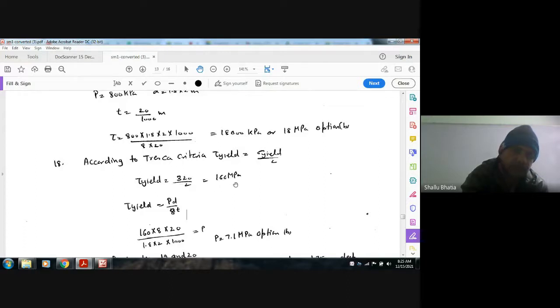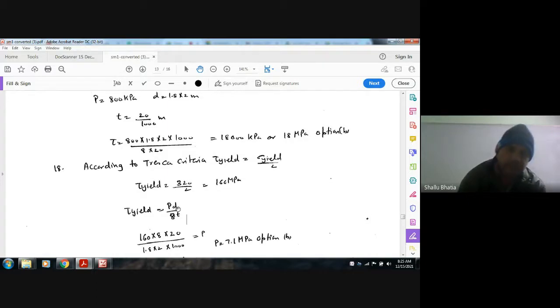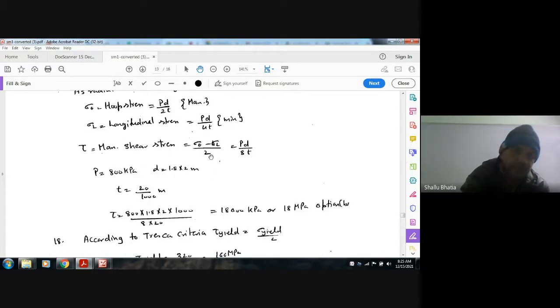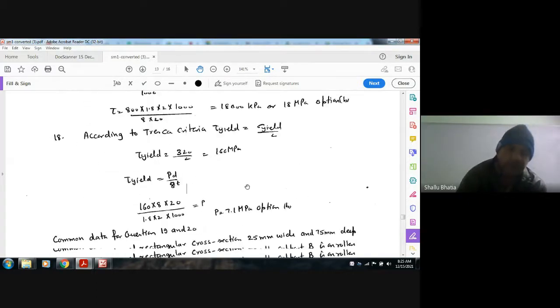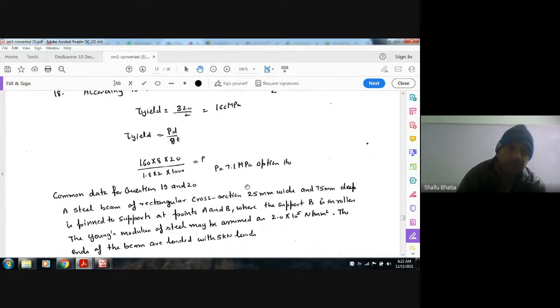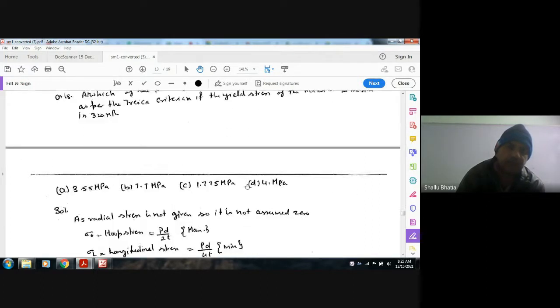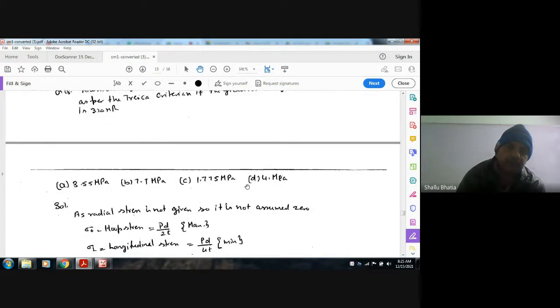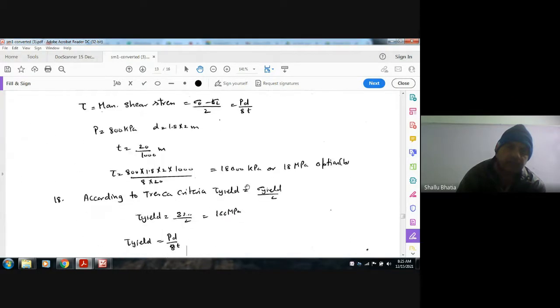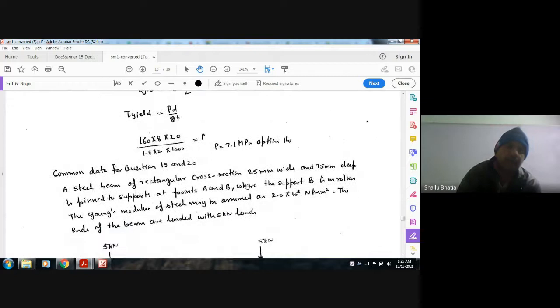It will be 160 MPa. Now the maximum shear stress is PD by 8t. So by putting this equal to 160, P will be 701. Option B.